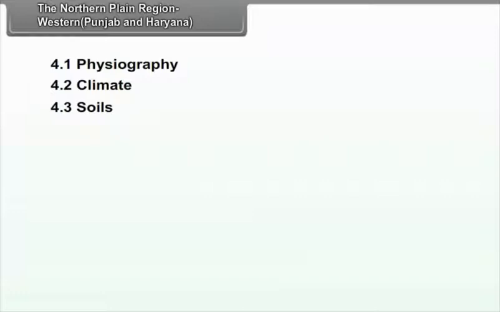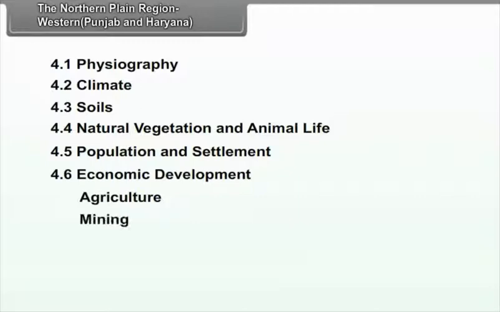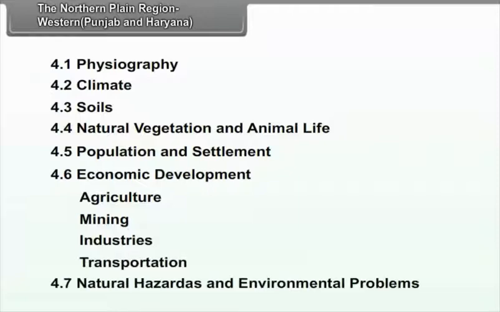We will study the following points in this chapter: physiography, climate, soils, natural vegetation and animal life, population and settlement, economic development, which includes agriculture, mining, industries, transportation, natural hazards and environmental problems.